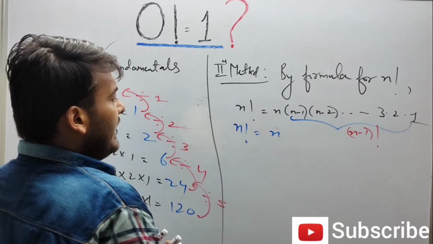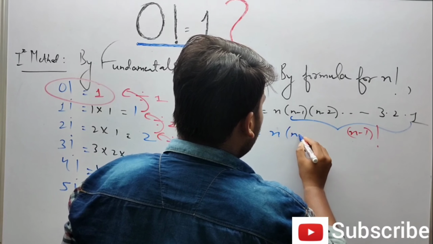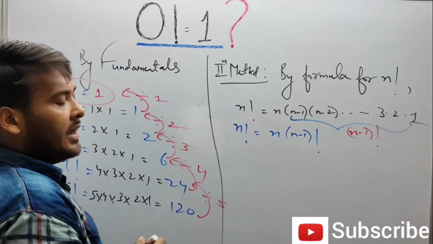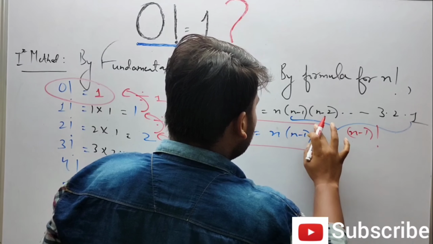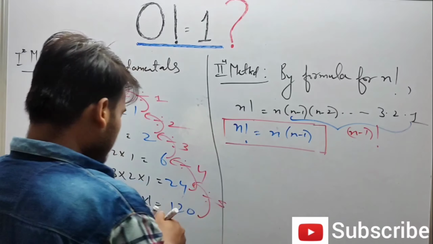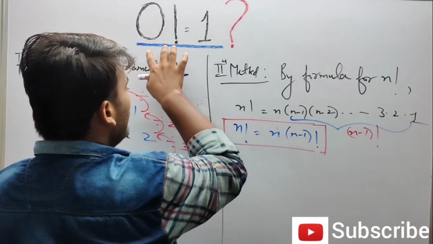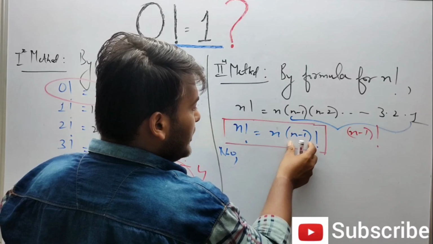So what do we write for n factorial? It would be n into n minus 1 factorial. Tell me, am I correct? Alright. I want 0 factorial. That means I can put n equal to 1 in this place to get 0 factorial.